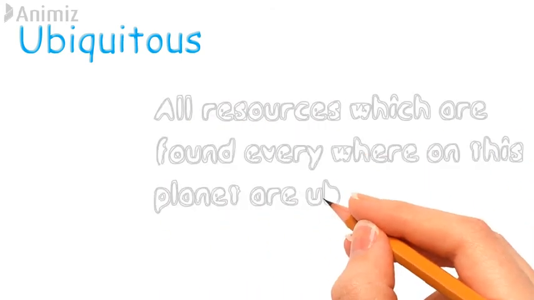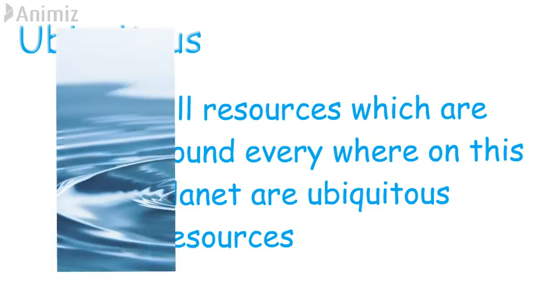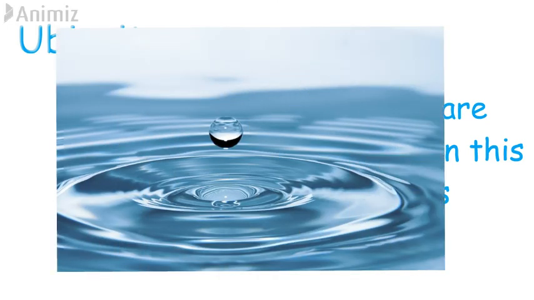All the resources which are found everywhere on this planet, on this earth, are called ubiquitous resources. For example, we can take water. We find water everywhere on this planet, so it is a ubiquitous resource.